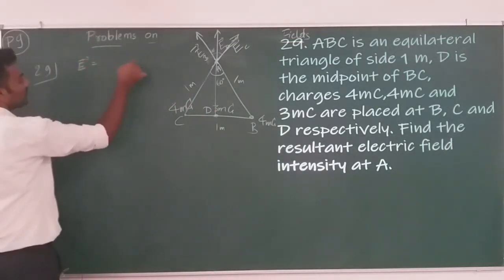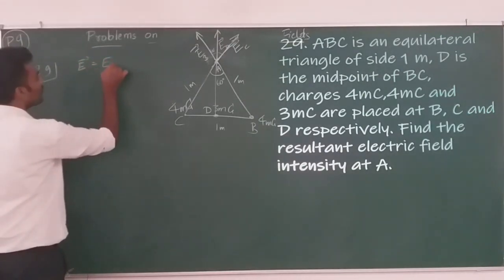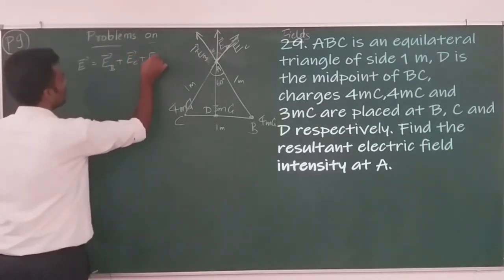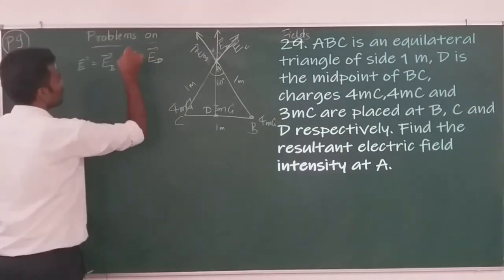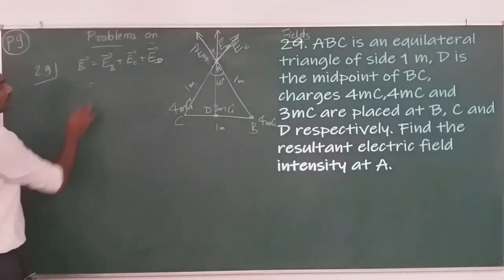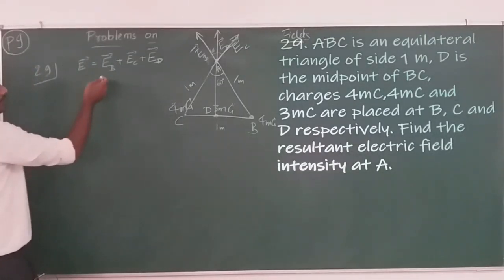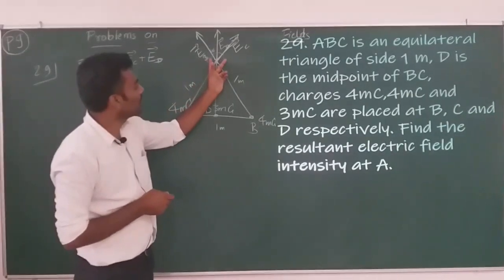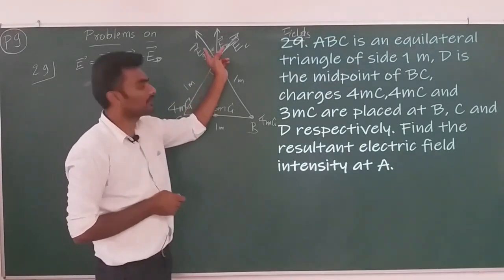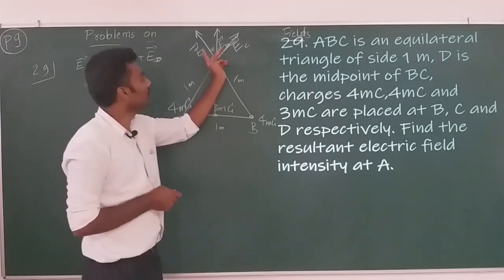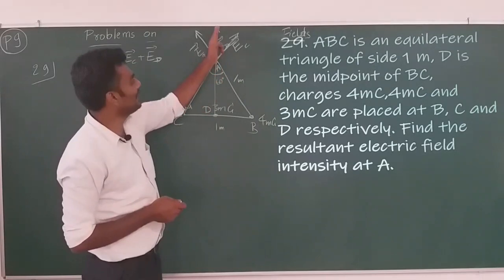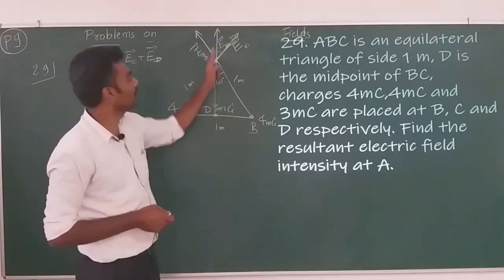The net electric field at A is equal to the vector sum of EB plus EC plus ED. Now this is the case where you have EB and EC with the angle of separation 60 degree. So the resultant of EB and EC will be actually through ED itself, right?